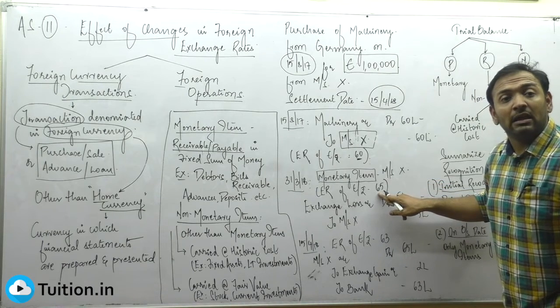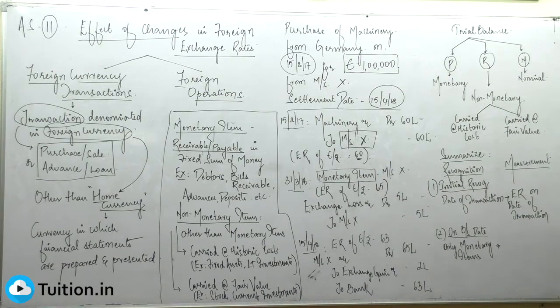What is 65? The exchange rate on the balance sheet date. This is also called the closing rate, as per the terminology given in the standard, the rate at which the books of accounts were closed.